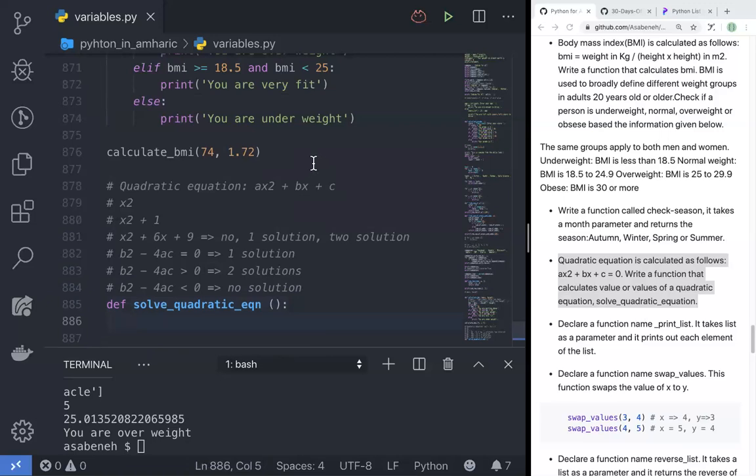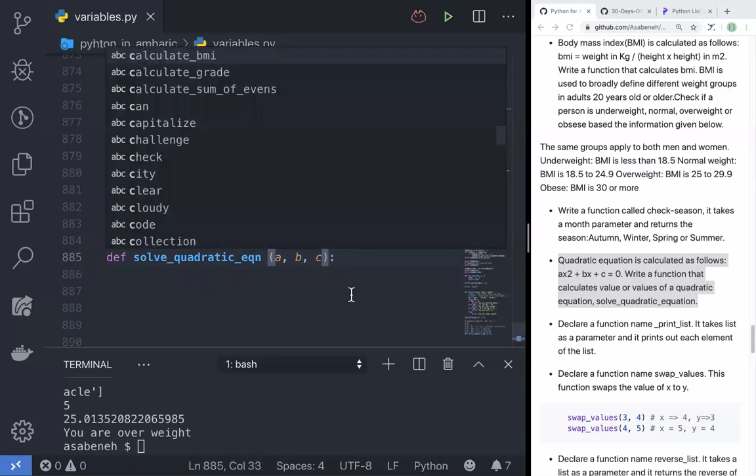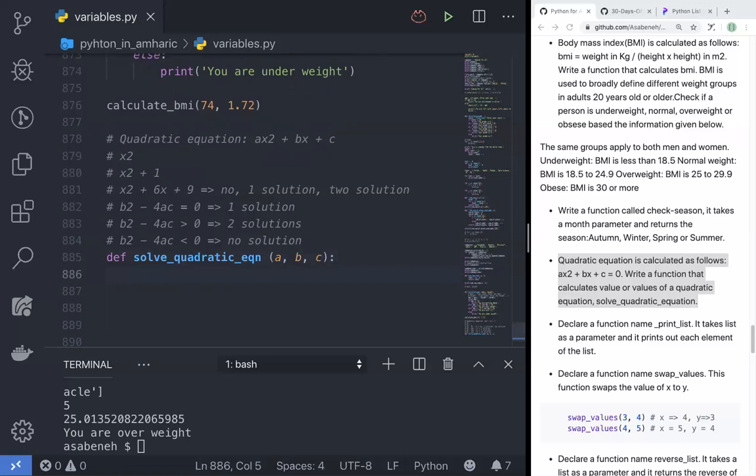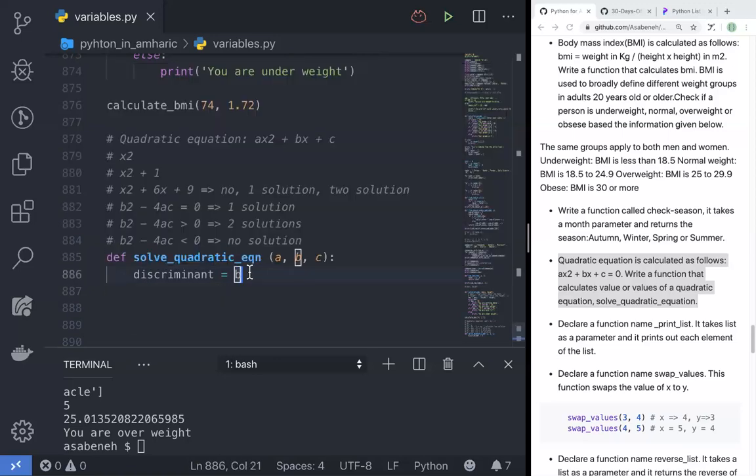So as you saw, this takes three variables, a, b, c, so we have to have a, b, c as variables. Then we have to have the discriminant, b square, which is b times b minus 4 times a times c.